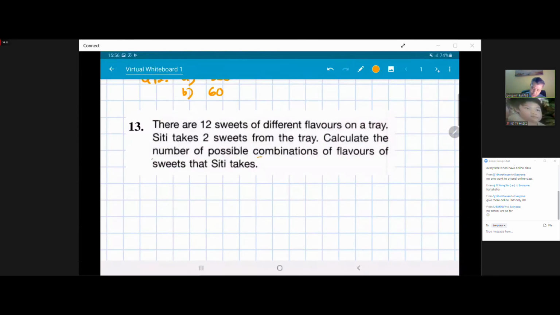Well, if they do not give you the word combination, you should understand 12 sweets, different flavor, you take 2. When you are going to choose sweets, it doesn't matter which flavor you take first or second, tak penting. So you faham, yang ni combination. Maksudnya yang ni will be 12, choose 2, and then calculate like this.